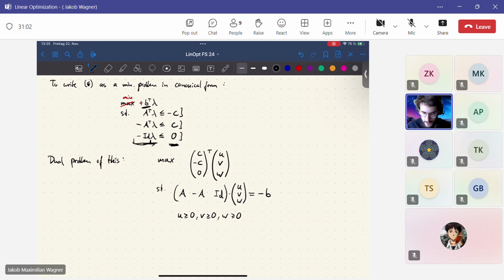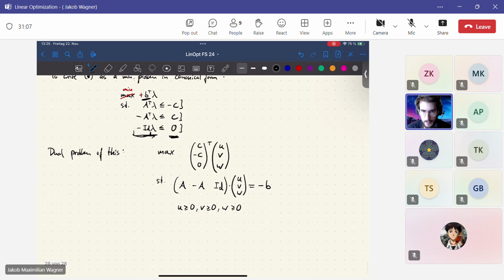Now we see that we have a problem that we saw last time. If we have a general variable with no sign constraints, we can split it up into a positive and a negative part. The problem we have here exhibits exactly that structure. We have u and v being non-negative, with u entering in a positive way and v entering in a negative way, in more or less the same fashion.